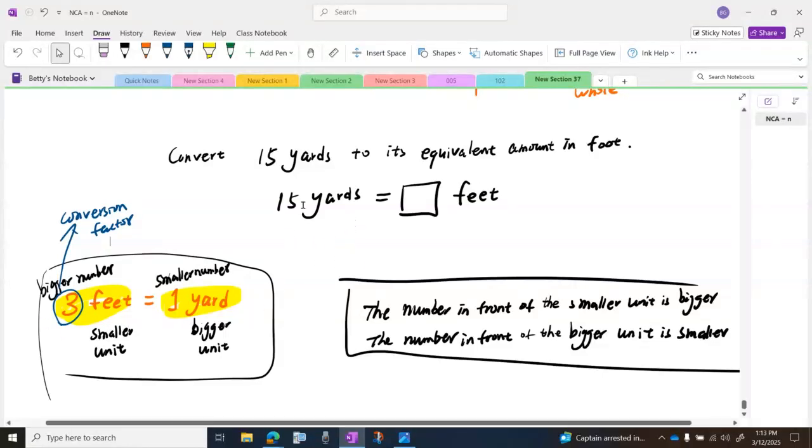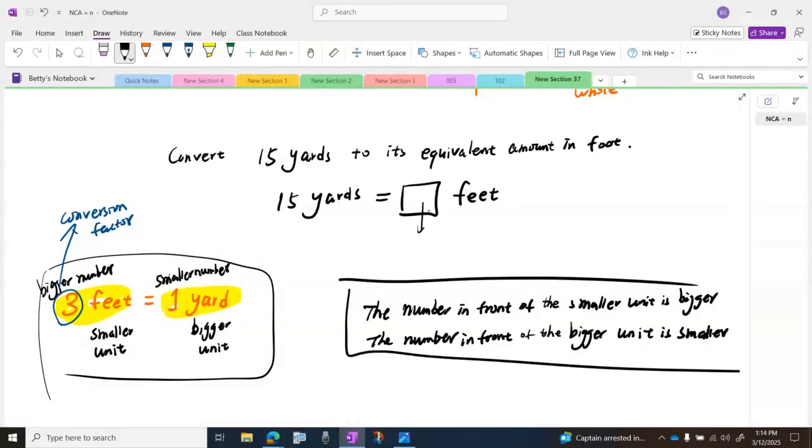So how do we convert 15 yards to the equivalent amount in feet? Now we're going to answer our question. Yard and foot. We know foot is a smaller unit, yard is a bigger unit, so the number in front of foot should be bigger.